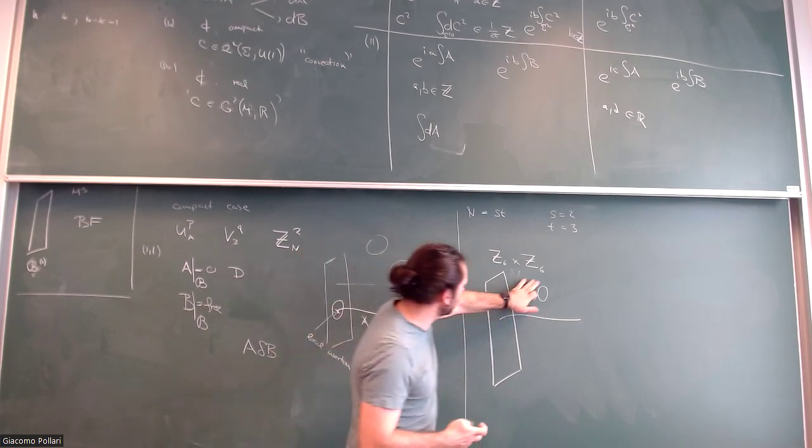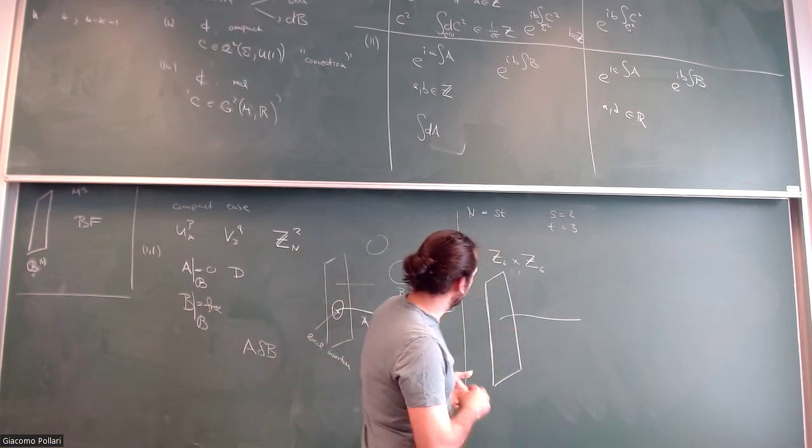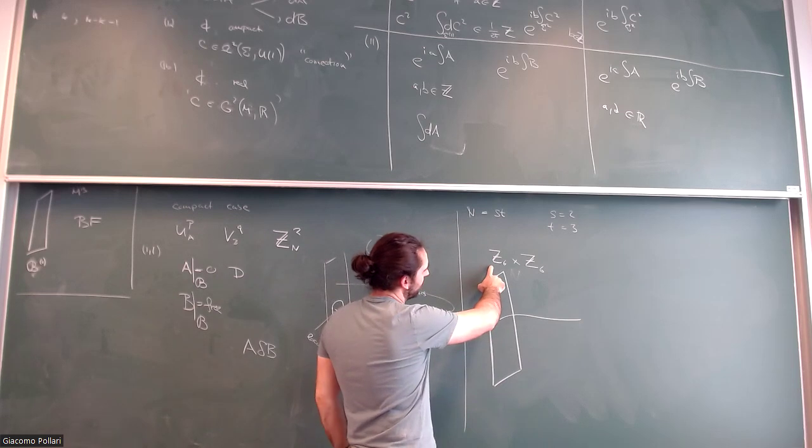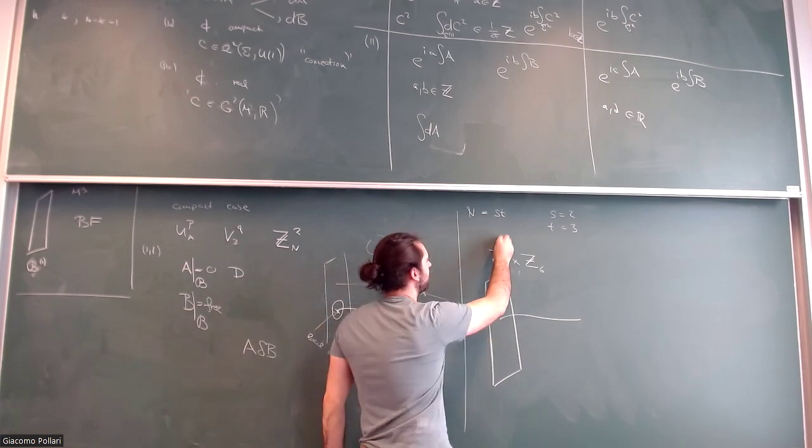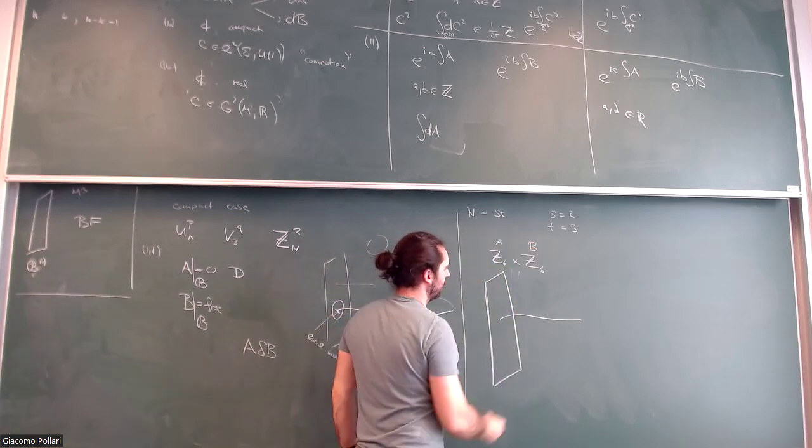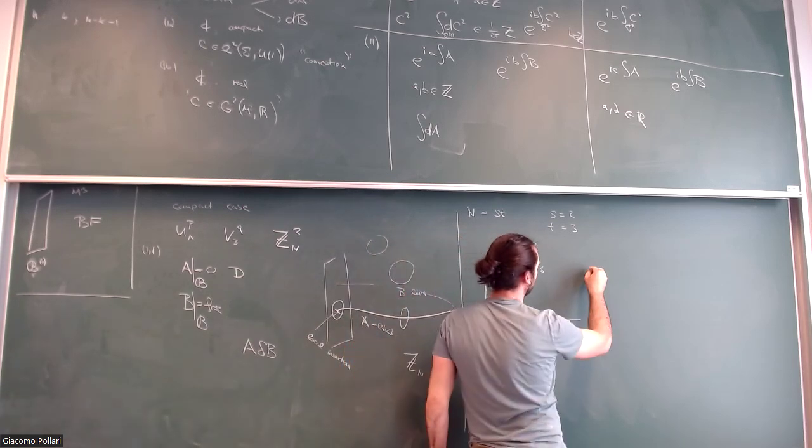But here what can happen is that I can choose some subset of Z6 and Z6 of A lines and B lines which can end.